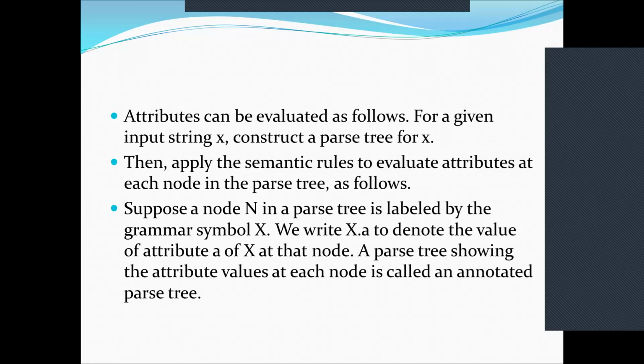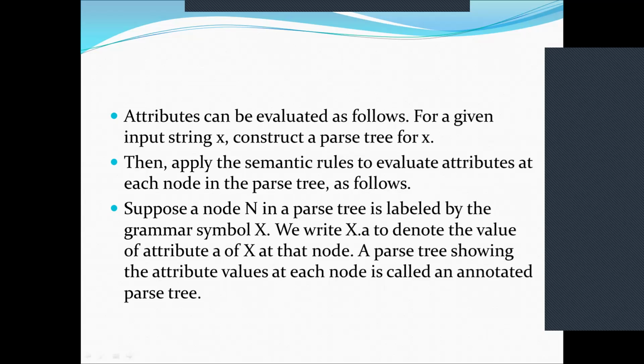Meaning, if I say X.A, it says the attribute of X at that node. What is the attribute of X? Let's say data type is an attribute, right? So what is the data type of X at that node will be mentioned. That is what X.A, the attribute of X, means.